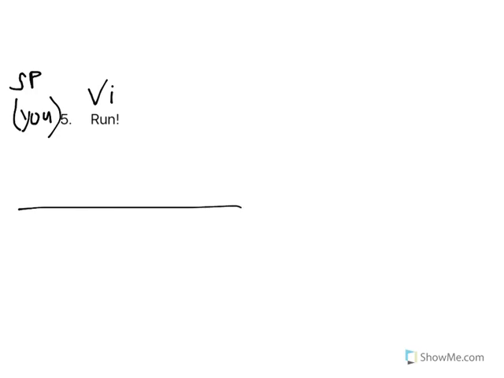So, diagramming it, you just do just like this. Capital R. And that's how you diagram an imperative sentence.